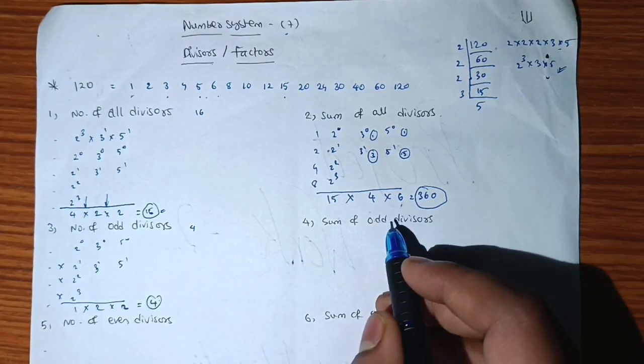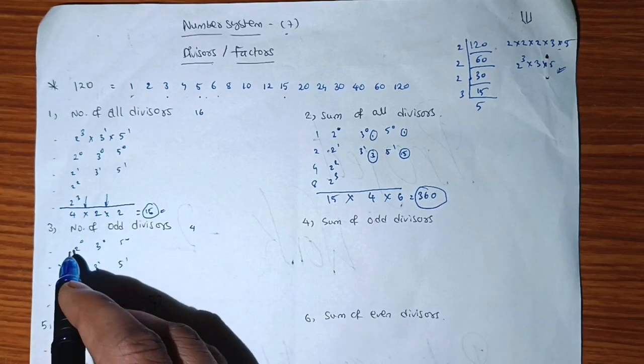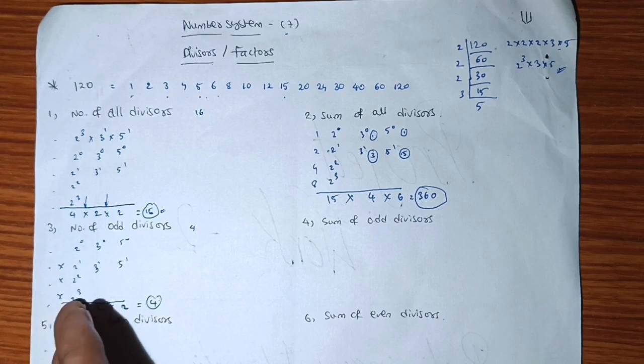Now the sum of odd divisors. So same, for the count you need to count in the column and multiply.